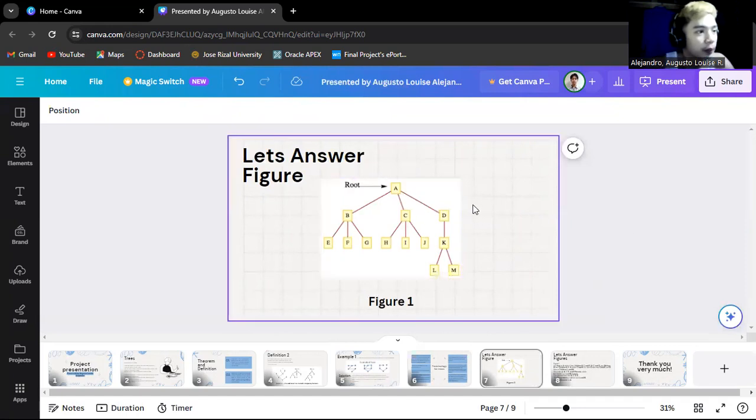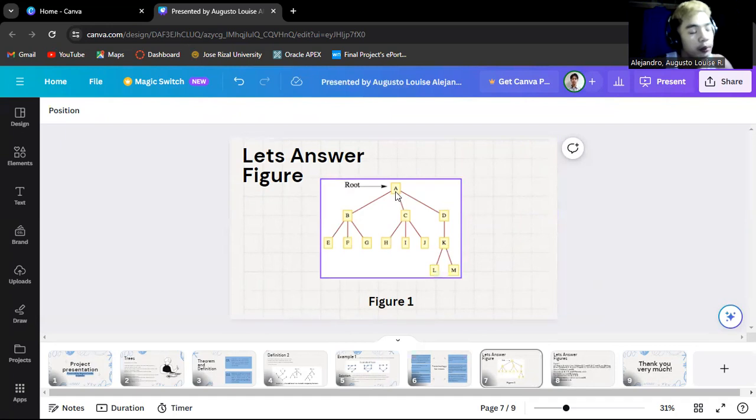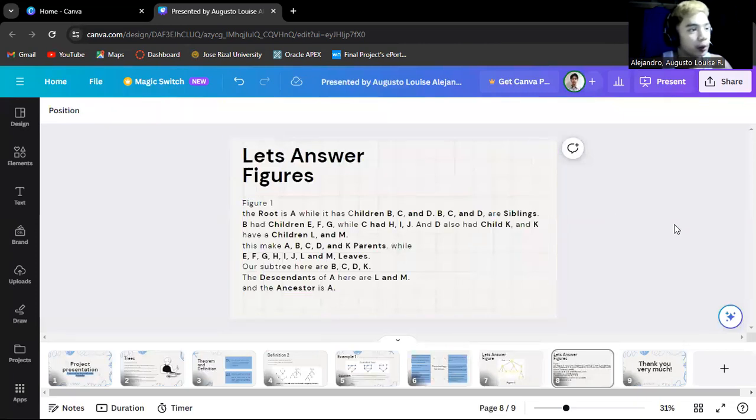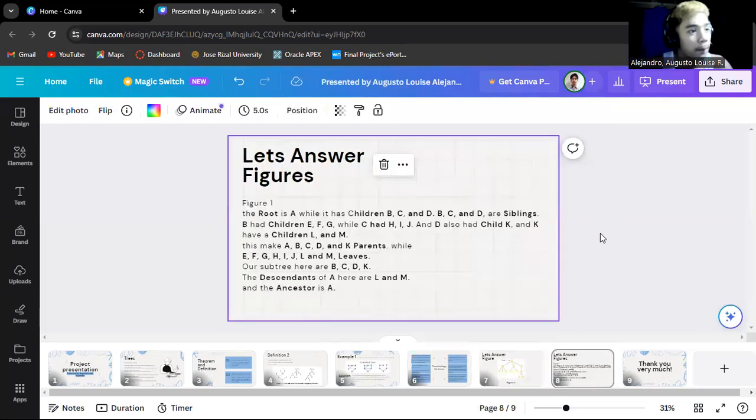Here is the root, where root A has three children B, C, and D, where B has children E, F, G, and C has children H, I, J, and D has a child K, where K has children L and M. So in Figure 1, the root A has children B, C, and D, and B, C, and D are siblings.